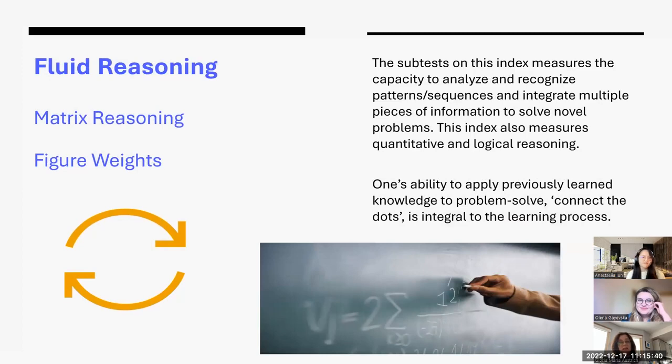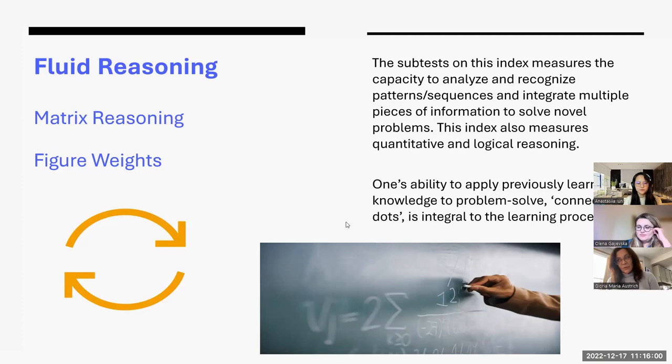Okay, so this is the last area, reasoning as measured by the Wechsler assessments. Matrix reasoning is one subtest and figure weights is the other. And this, to me, really encapsulates what is measured in the Carroll framework in terms of being able to analyze and use logic and then apply that.